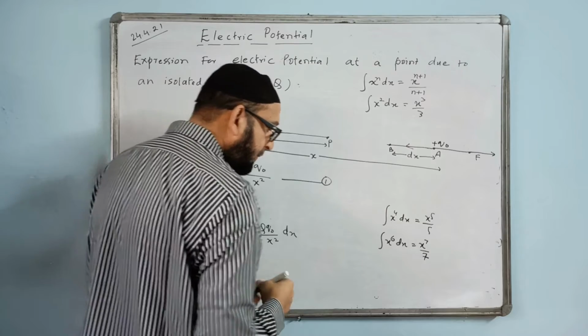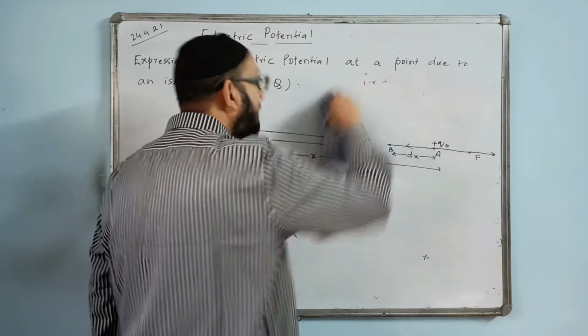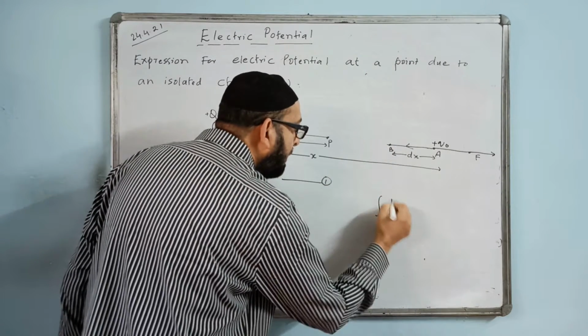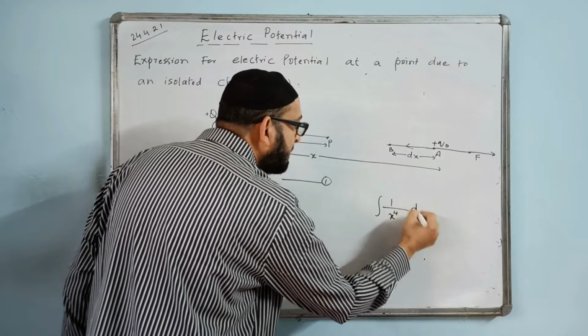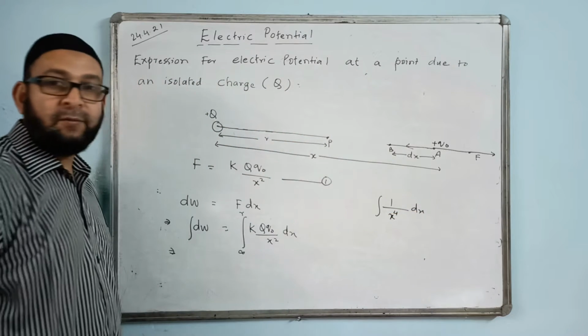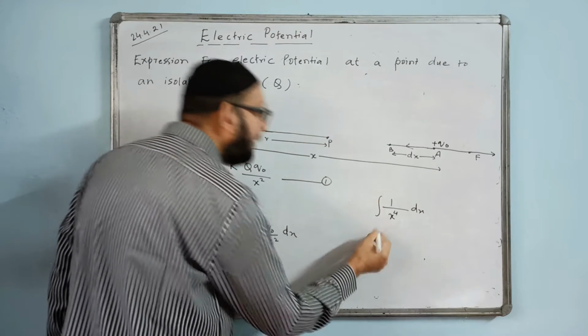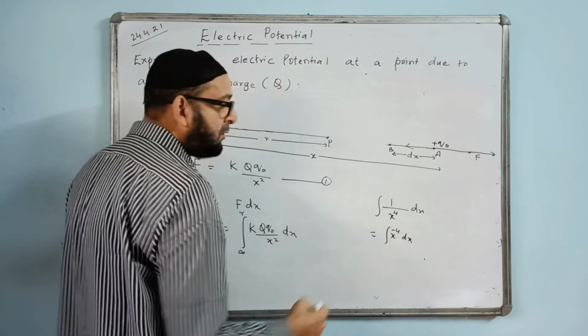Similarly, if we have 1 upon x to the power of 4 dx, how to find the value of this integration? 1 by x to the power of 4 will be taken up, and will become x to the power of minus 4 dx before we apply the integration.